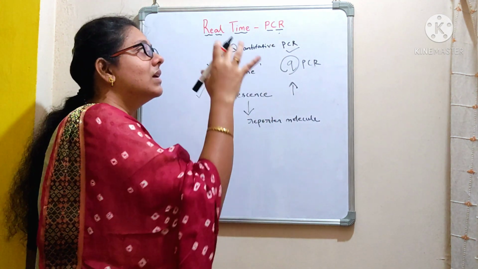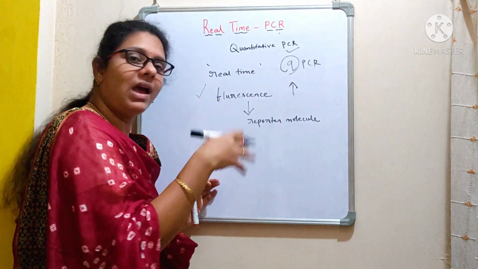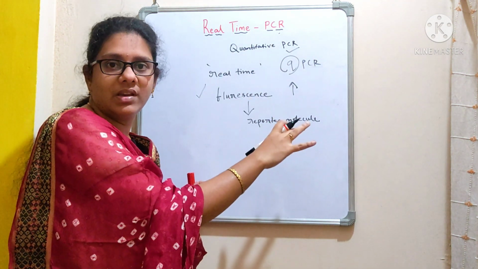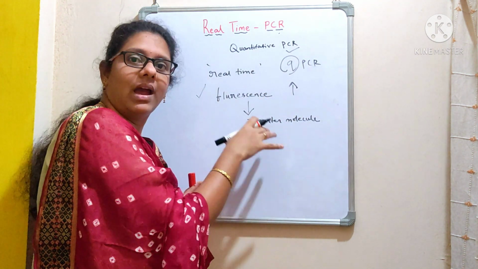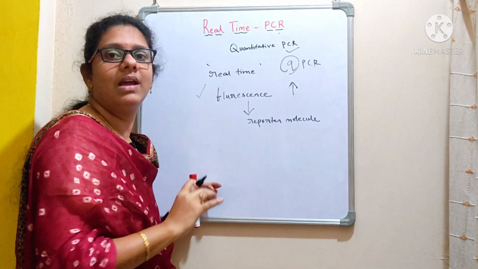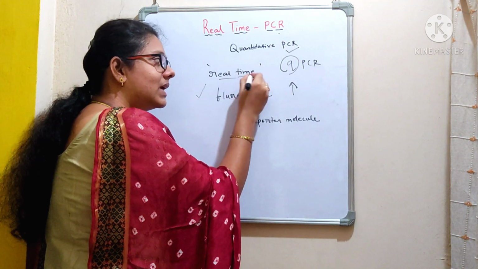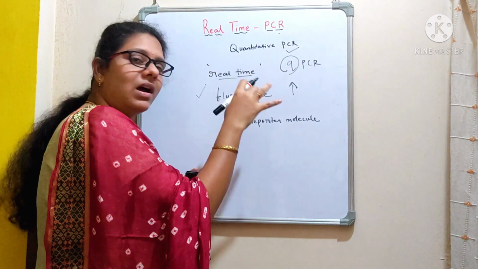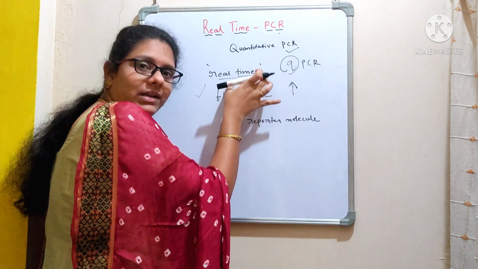So in this technique of real-time PCR, there will be an exponential amplification of the gene that can be easily detected and quantified with the help of this powerful technique. Hope you are clear with the term real time. That means we are going to monitor the progress of the reaction in real time.